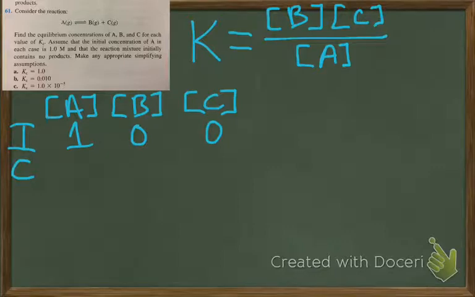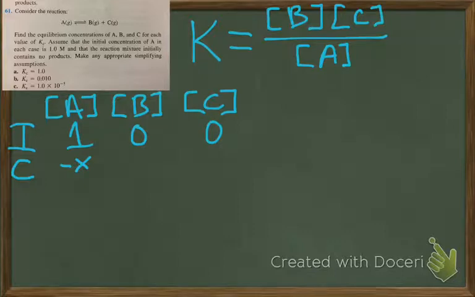And now, my change. When I go from my initial to my equilibrium, I'm going to change. Now, is it going to have a positive or a negative change in A? Negative, because it's a reactant, right? And I'm going forward. Do I know how much of A I'm going to lose? No. So let's just do some algebra. I'm going to have a change of negative x.